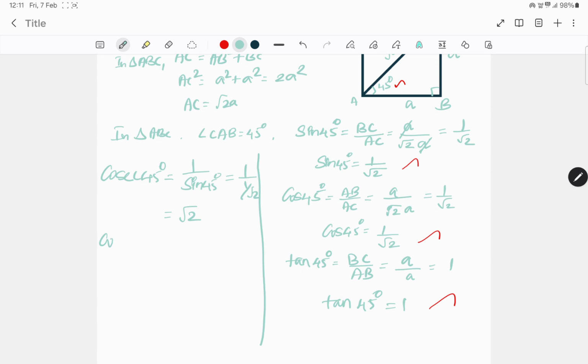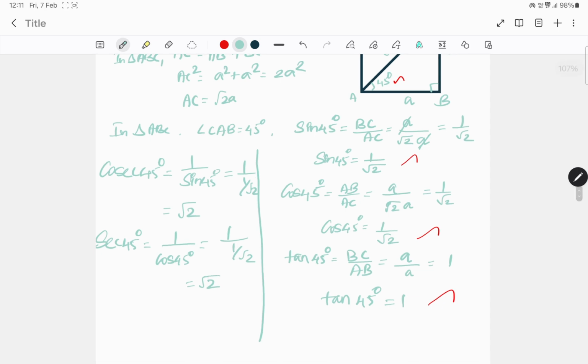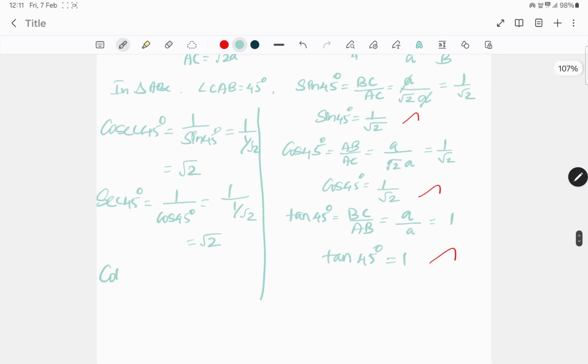Likewise, from cos 45 degree we can find secant 45 degree. Secant 45 degree is the reciprocal of cos 45 degree, which is 1 by root 2. It's the same as root 2. Then cot 45 degree is the inverse of tan 45 degree. Tan 45 degree value is 1.